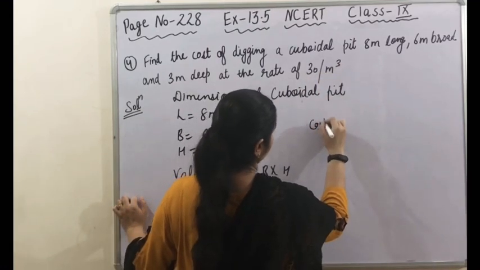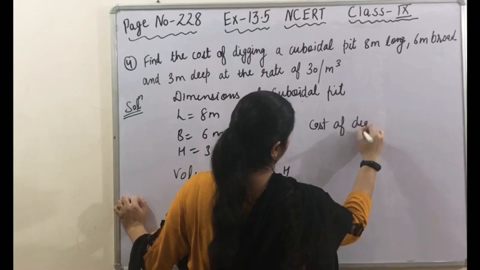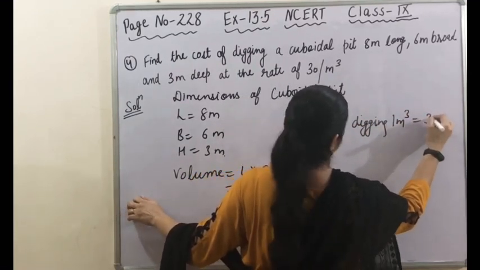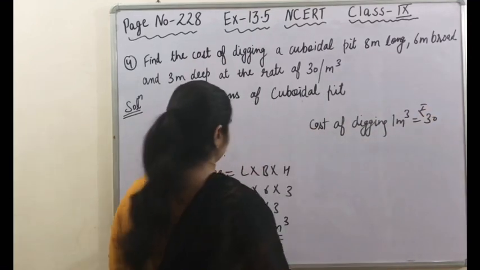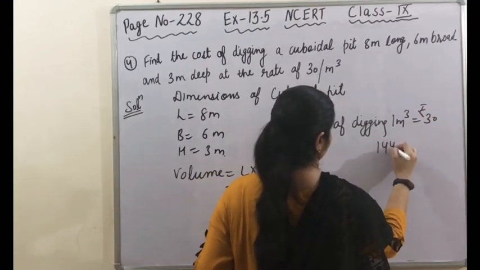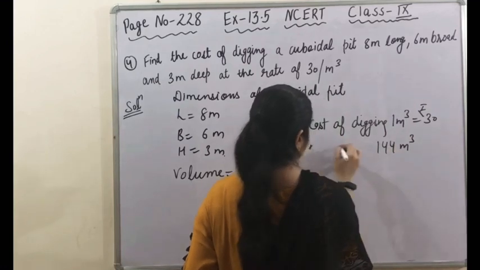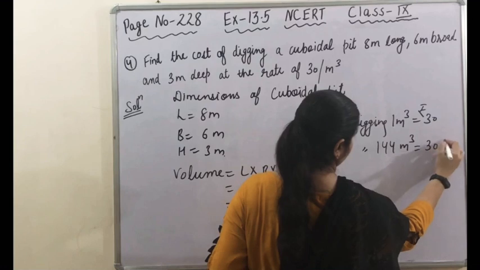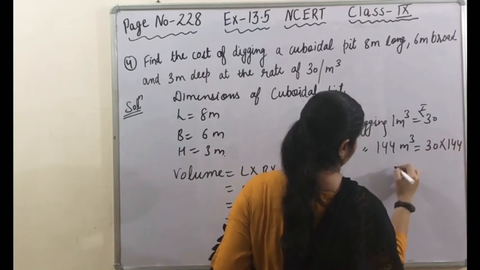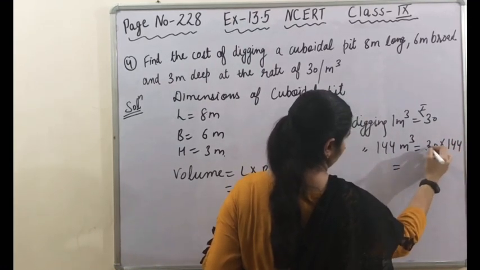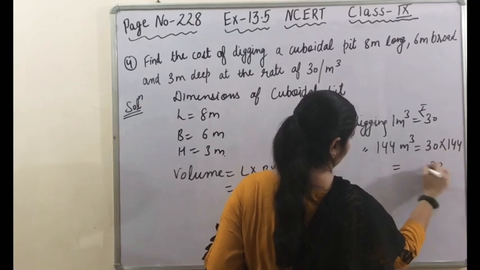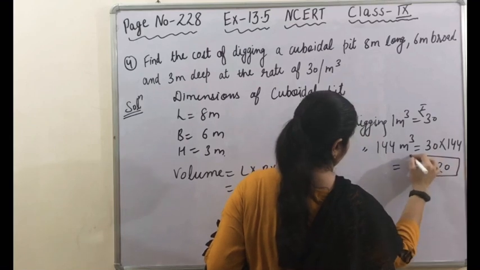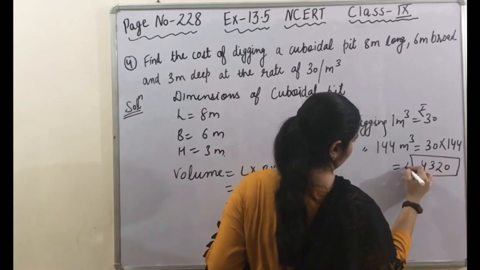Cost of digging 1 meter cube is rupees 30, and here it is 144 meter cube. So cost of digging 144 meter cube is rupees 30 multiplied by 144, which is equal to 3 4s are 12, and 1 is 13, 3 1s are 3 and 4. 4,320 rupees.